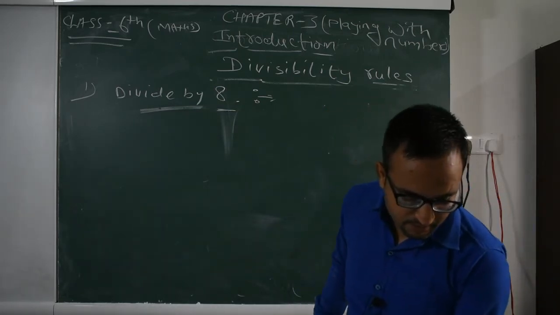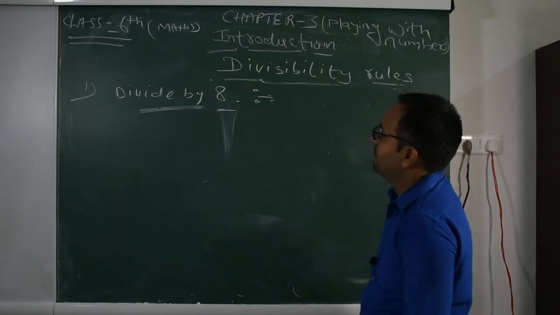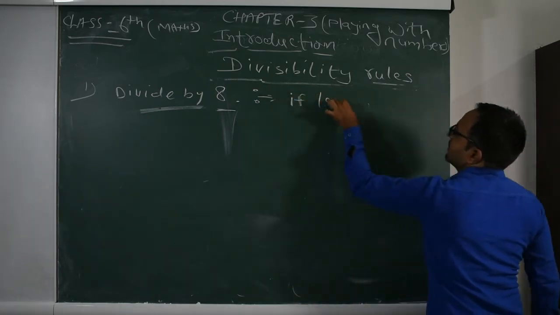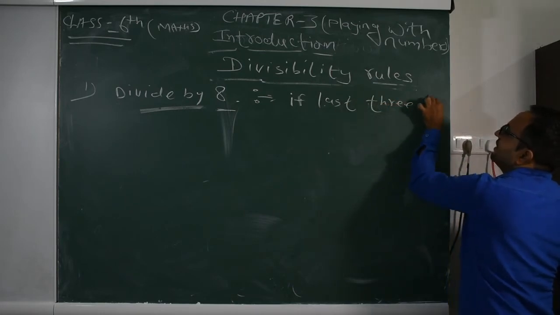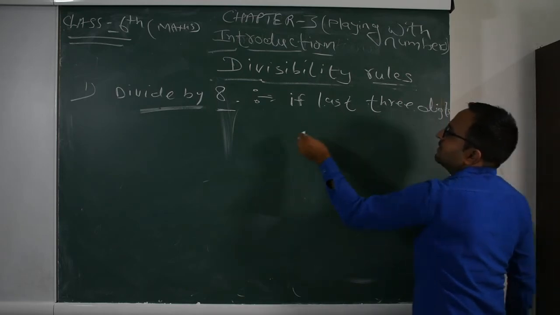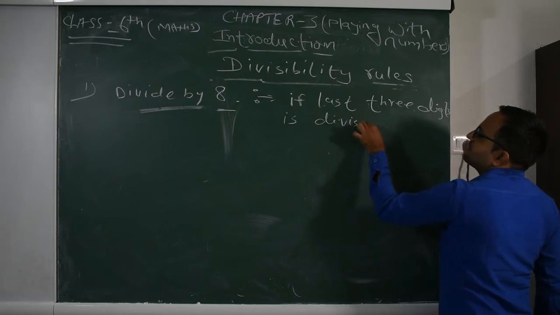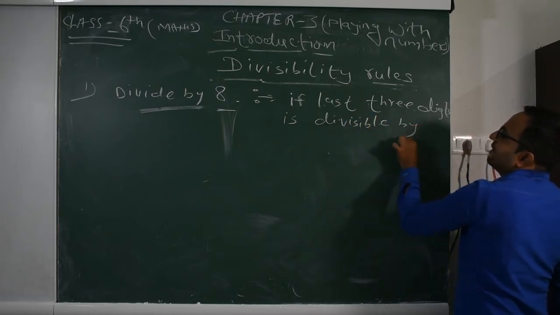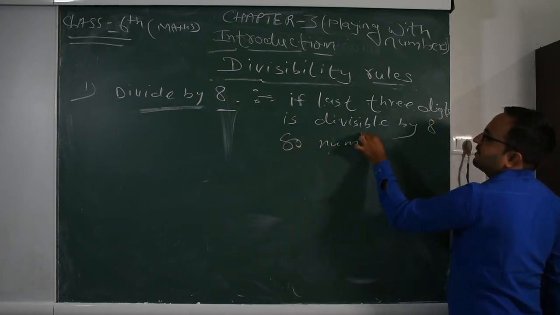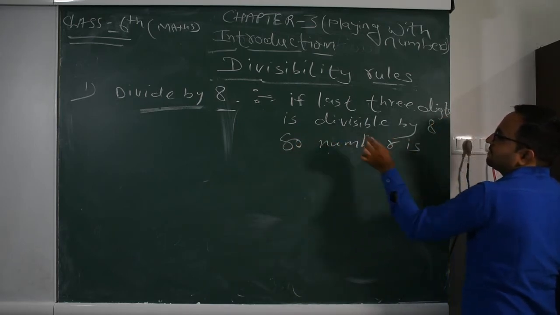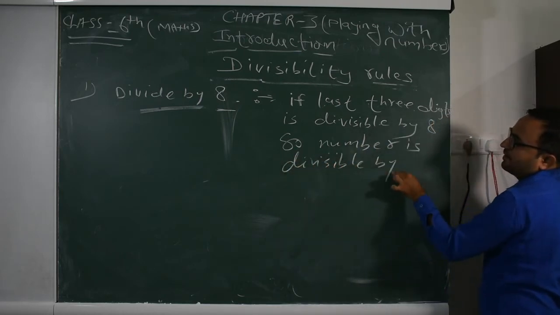For this, a number is divisible by 8 if the last 3 digits are divisible by 8.